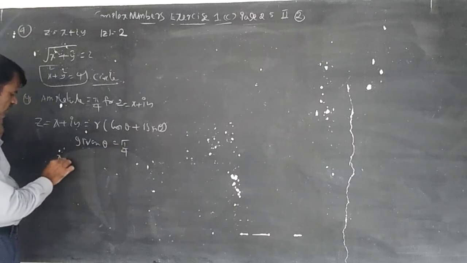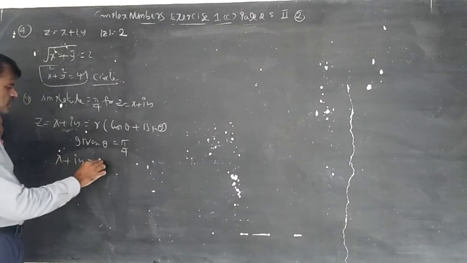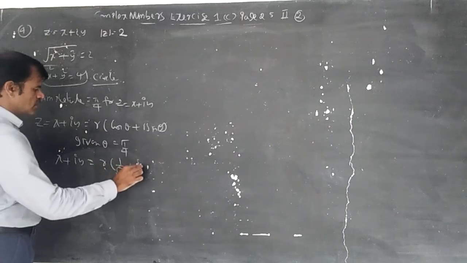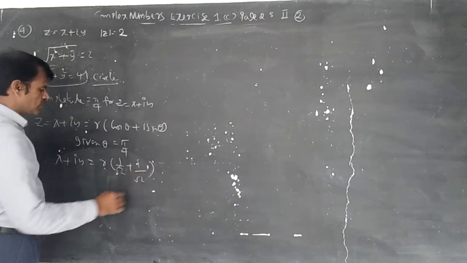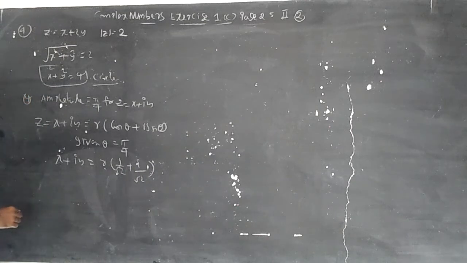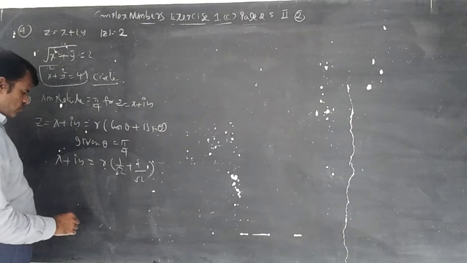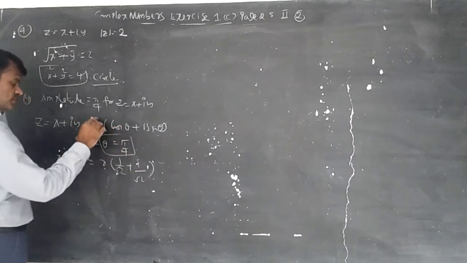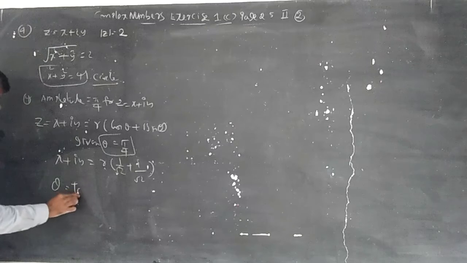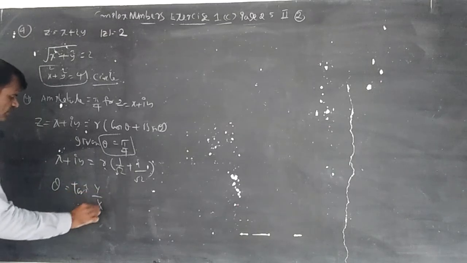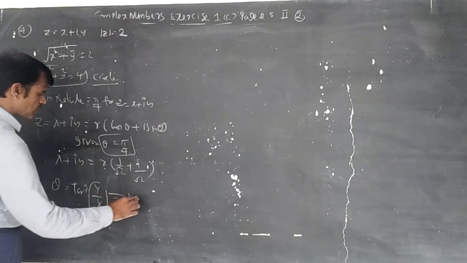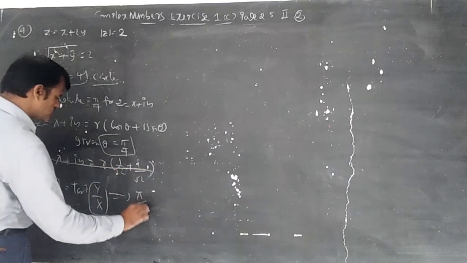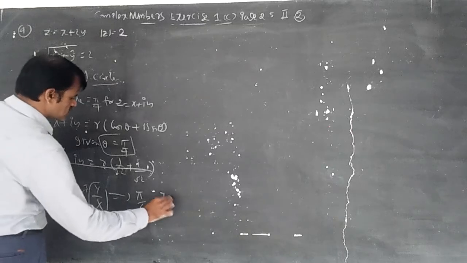So x plus iy is equal to r into cos 45, value 1 by root 2, plus i into 1 by root 2. Of course r is equal to root of x square plus y square. Theta is equal to tan inverse y by x, so pi by 4 is equal to tan inverse y by x.